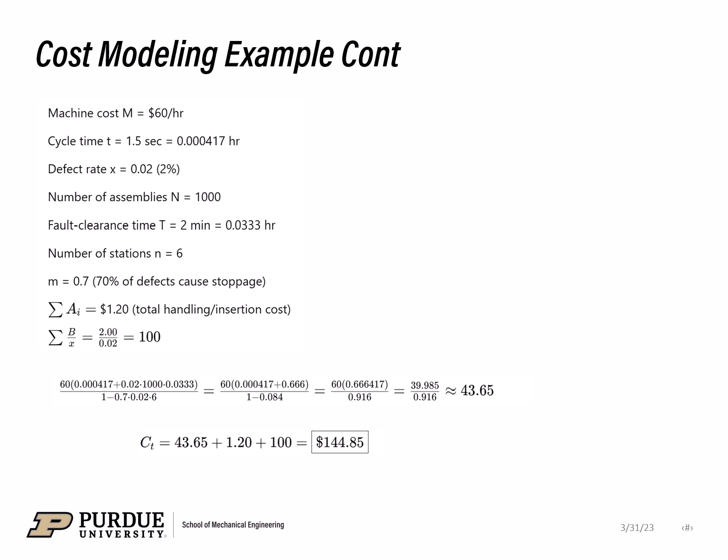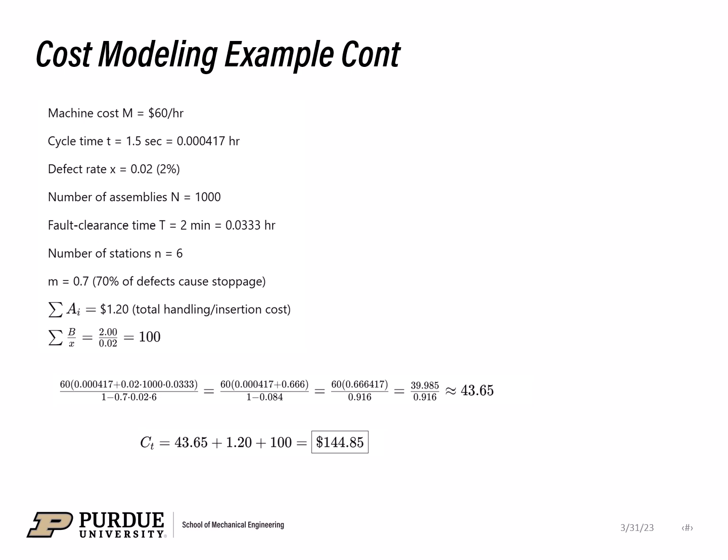Your defect rate is 2%, which makes X equal to 0.02. Let's say you have 1,000 assemblies. You did some time studies and found out that your average fault clearance time is 2 minutes, which is 0.033 hours when you do the conversion. Let's say you have 6 stations and that your M is 0.7.